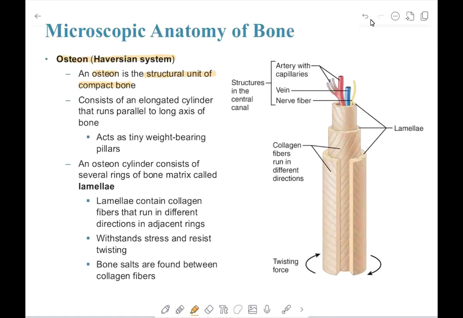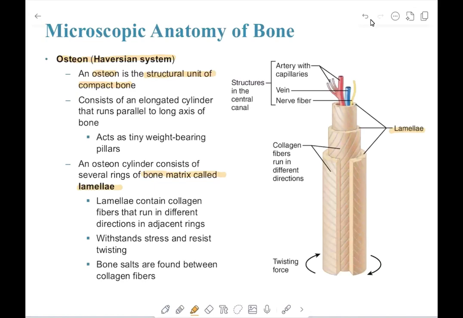Consists of these long cylinders that run parallel to the long axis of the bone, up and down. And an osteon cylinder consists of several rings of bone matrix called lamellae, or we could say lamellar rings. This is the lamellae, so each one would be called a lamella.